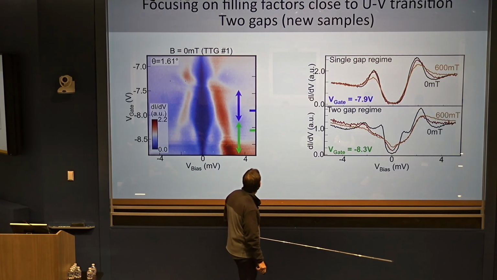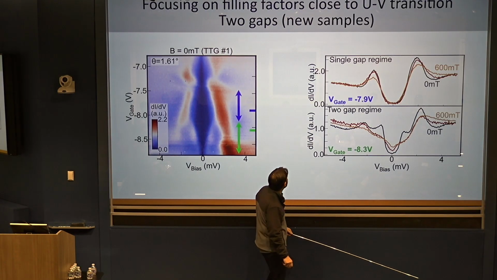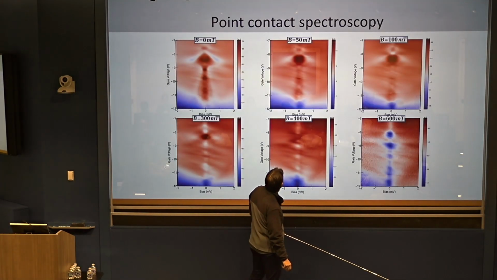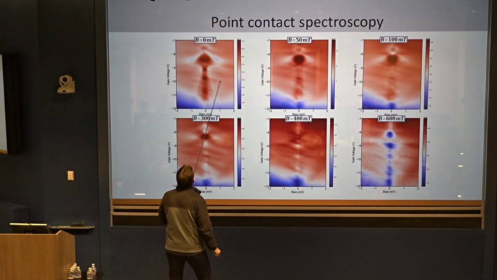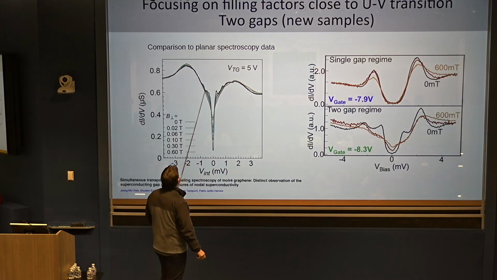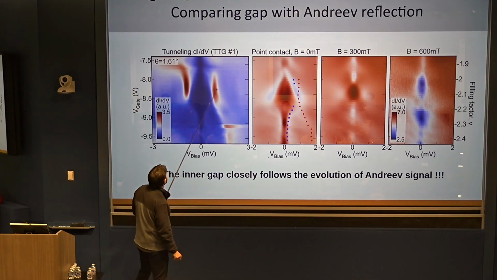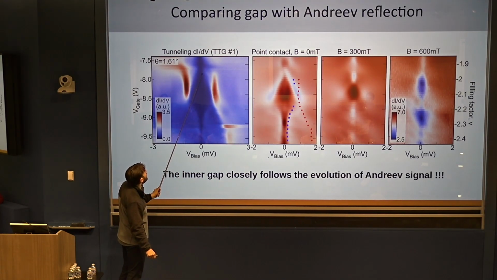So in transport data and also in our Andreev reflection, let me show you this picture. If you go from, let's say, this point, here is where you start having superconductivity.